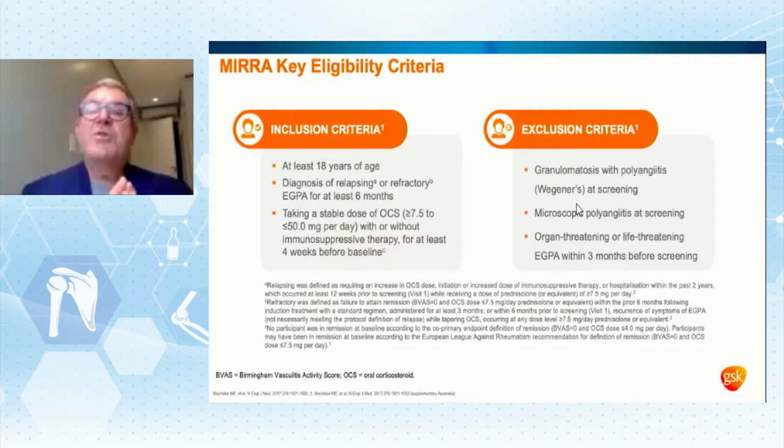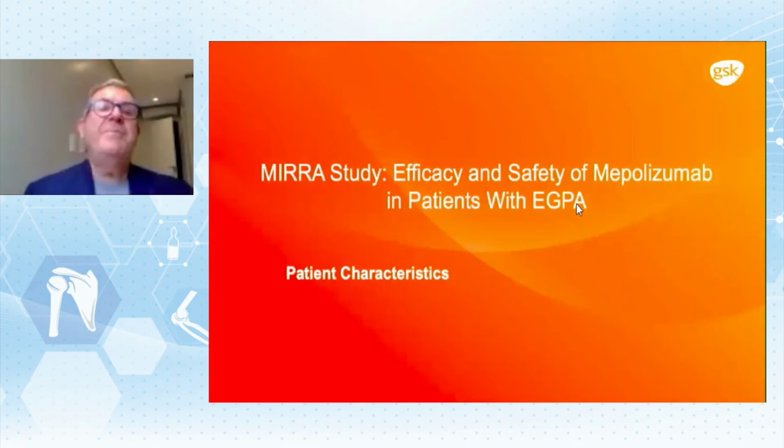They were excluded if they had microscopic polyangiitis, if they had a life-threatening condition of EGPA in the last 3 months, or if they had granulomatosis with polyangiitis, Wegener's.